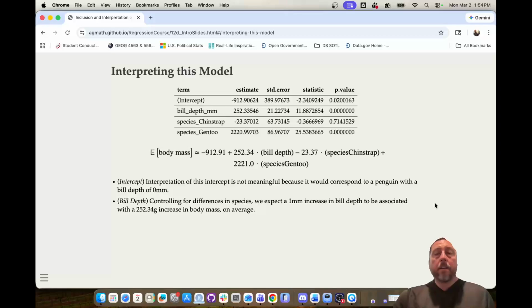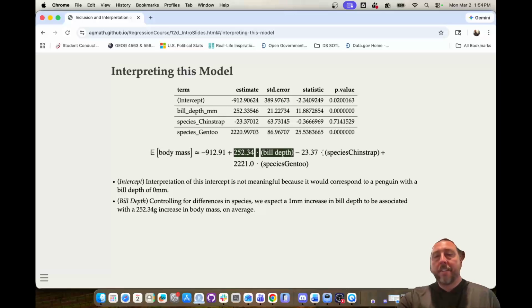The bill depth coefficient, so if I'm looking at this term now, controlling for differences across the species, we expect a 1 millimeter increase in bill depth, so that's a 1 unit increase in bill depth, to be associated with about an increase of 252.34 grams in body mass on average.